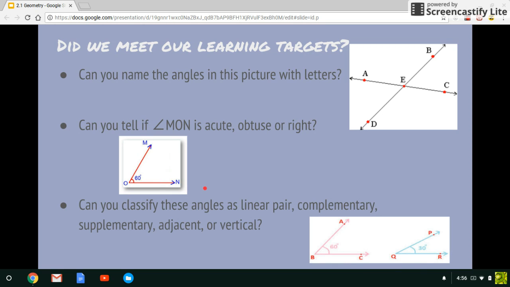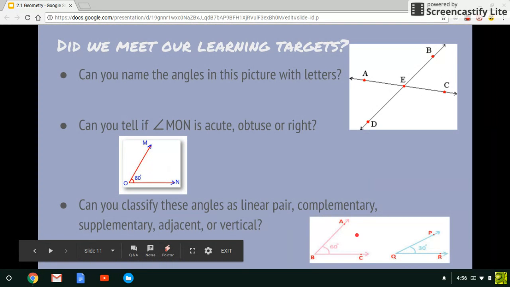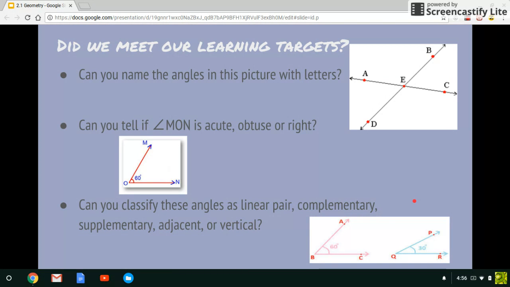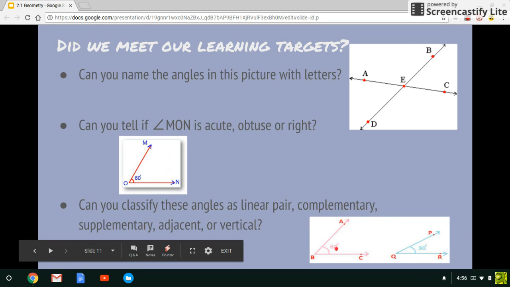And lastly, can you classify these two angles down here as a linear pair, complementary, supplementary, adjacent, or vertical? Also important to know, it's kind of hard to see down here: this angle is 60 degrees, and this angle is 30 degrees.